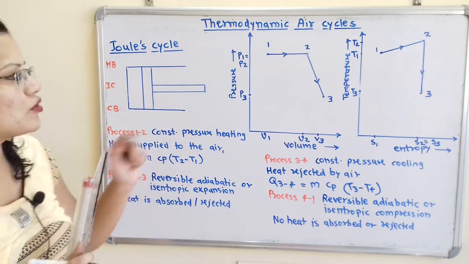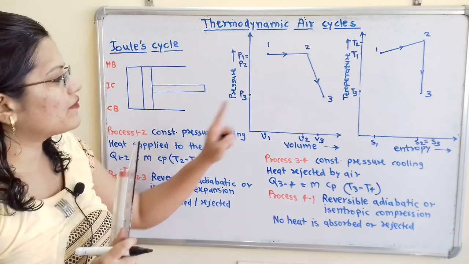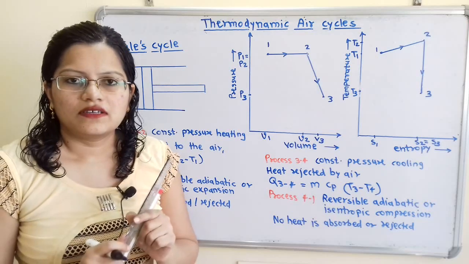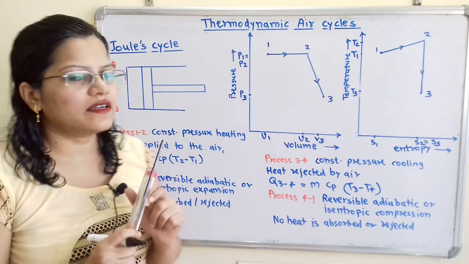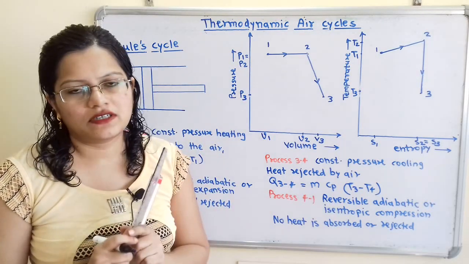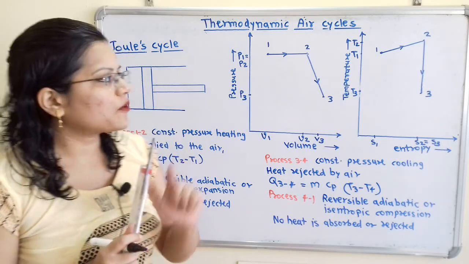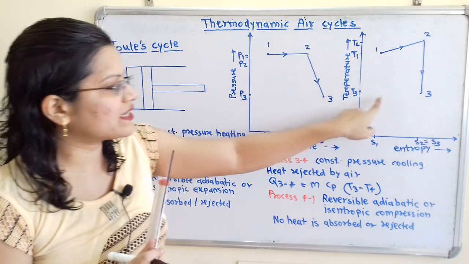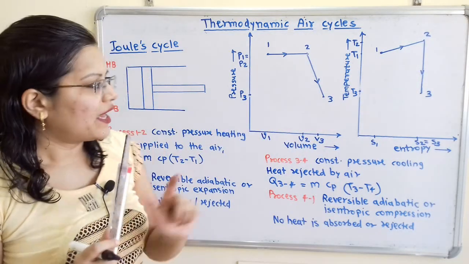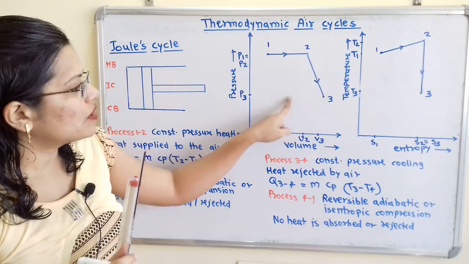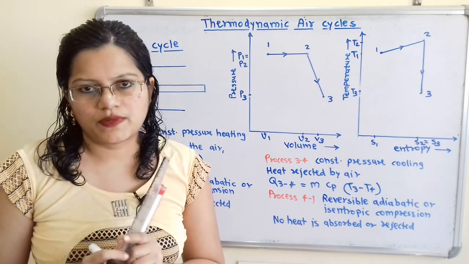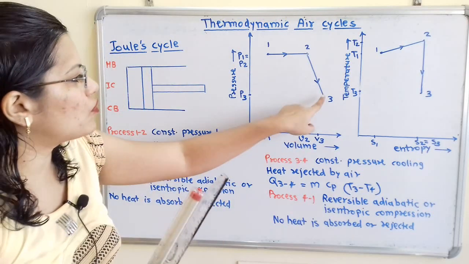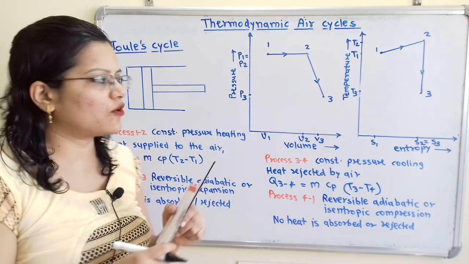Now how will we show this process? Whenever the cooling process is taking place, here pressure will remain constant. As the cooling process is taking place, we know that here we have to show decrease in temperature. And here we have to show decrease in volume, because volume is also getting decreased because of cooling.